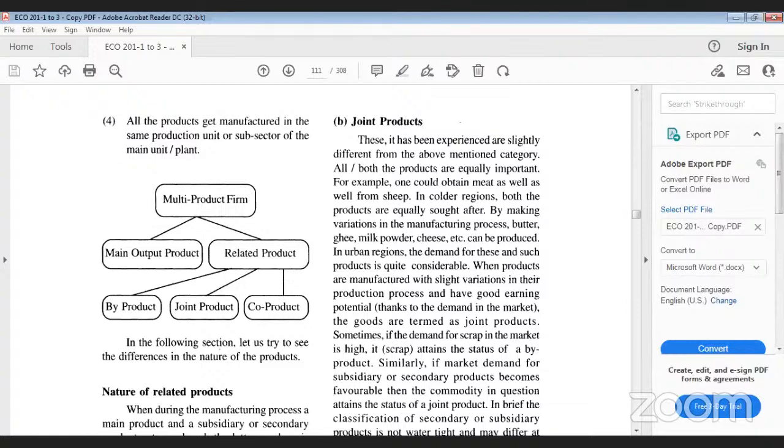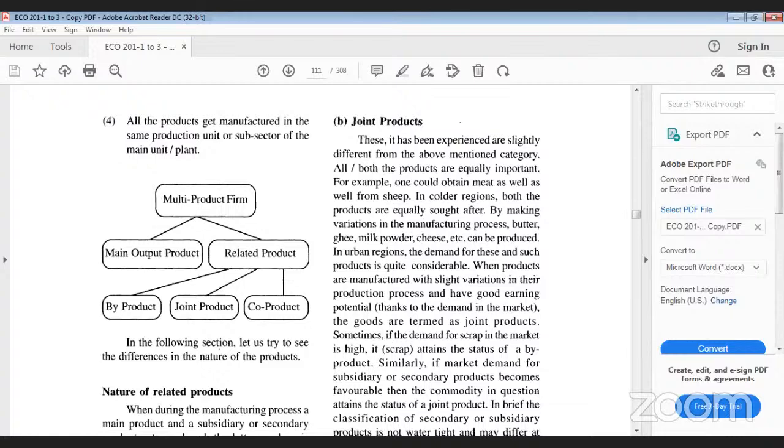Both the products are equally important. For example, one could obtain cotton as well as cotton seed. Both the products are equally sought after by making variations in the manufacturing process.